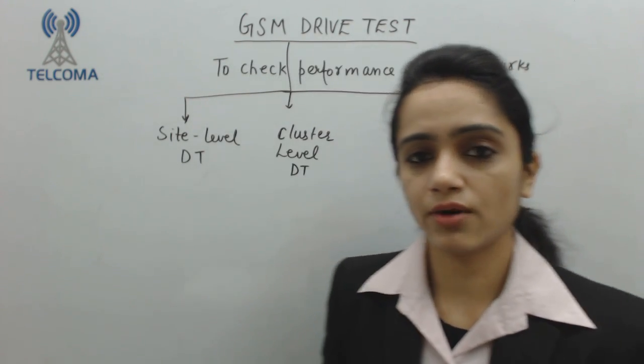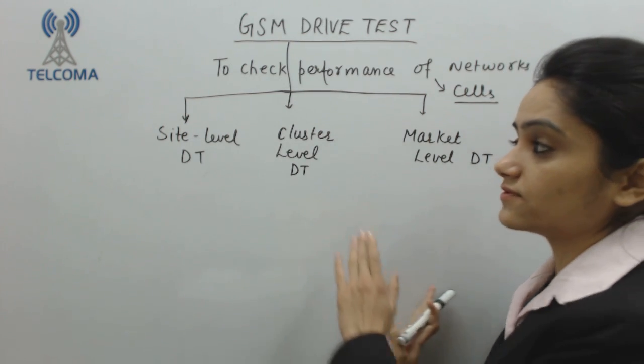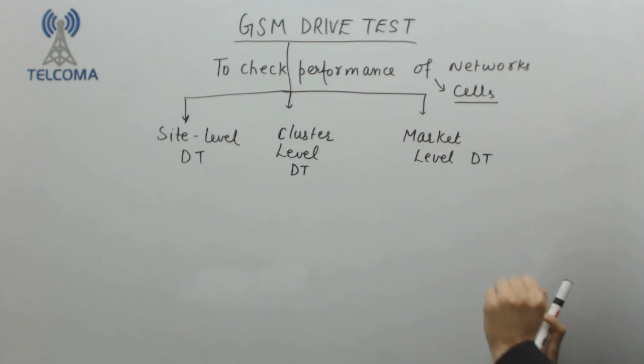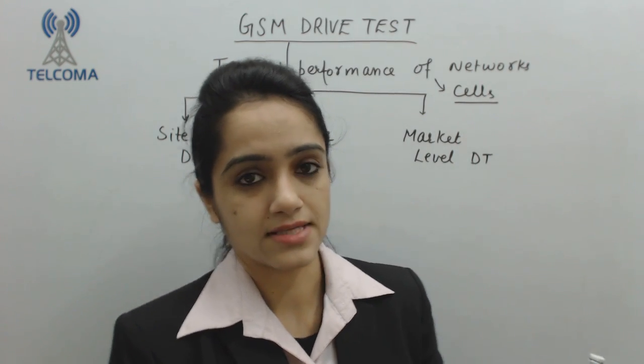So that's why the level of drive test also goes from the lowest level to the highest level. That means we will start from the site level, then cluster level and market level. So let's understand the very first level, which is site level drive test.